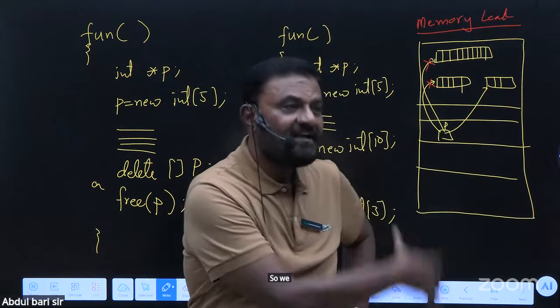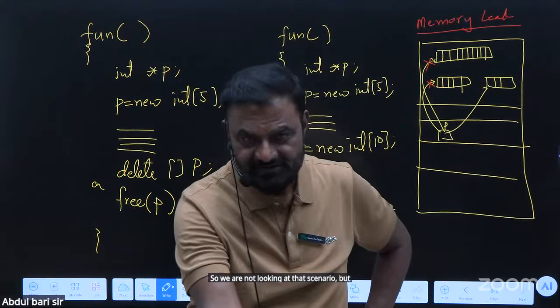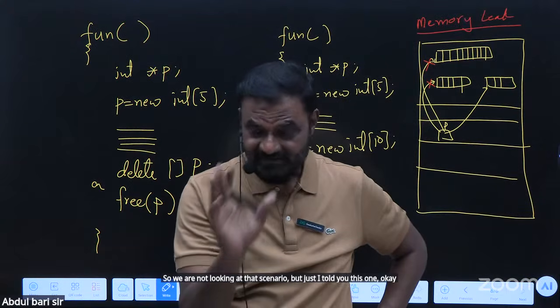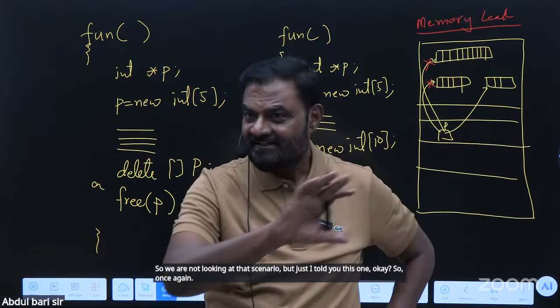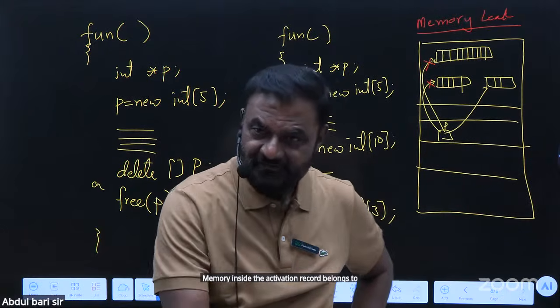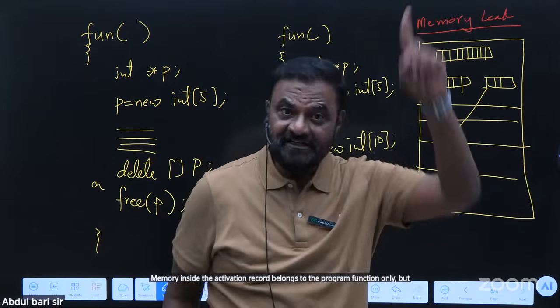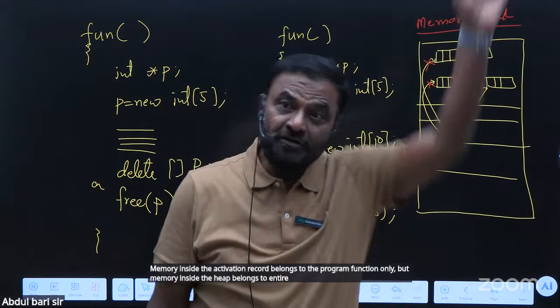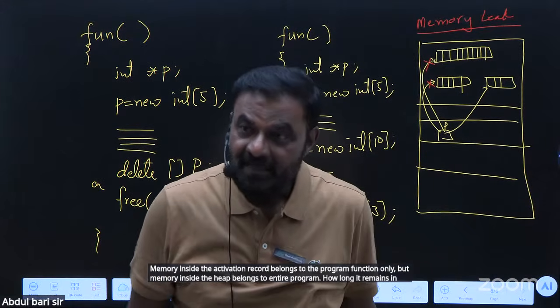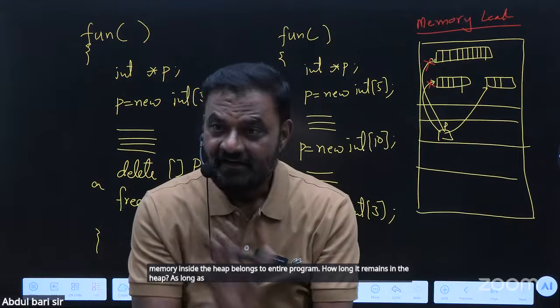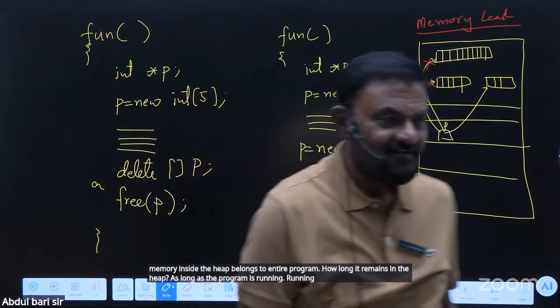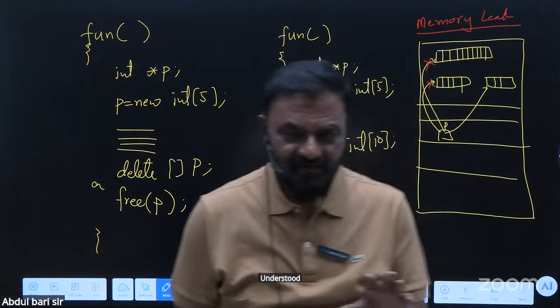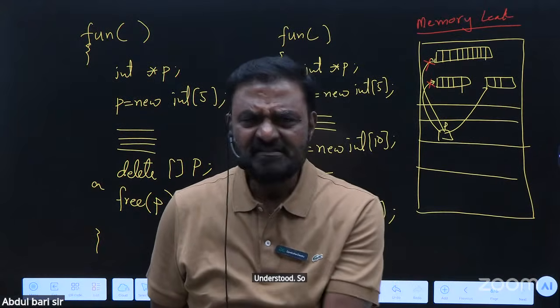We are not looking at that scenario, but I just told you this. Once again, memory inside the activation record belongs to the function only, but memory inside the heap belongs to the entire program. How long does it remain in the heap? As long as the program is running. Understood? Sir, when the program ends, it will go away anyway.